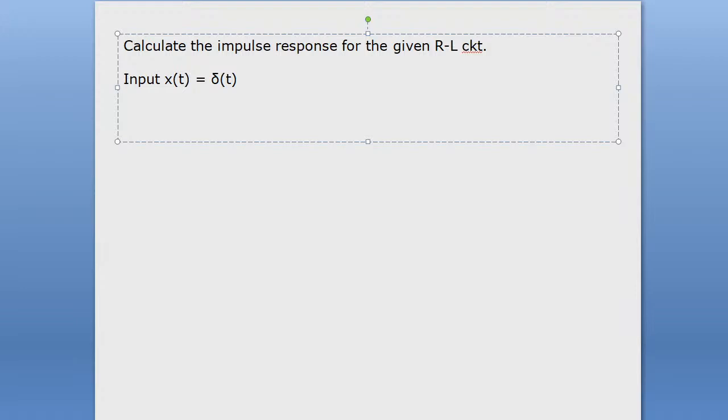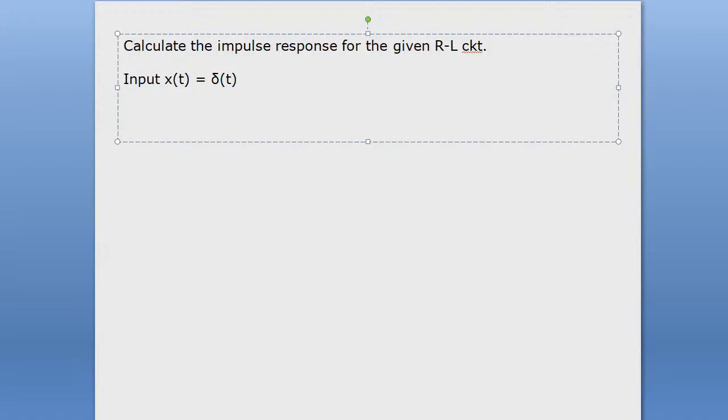That means the input is an impulse function or delta function, and you have a good concept about step function, impulse function, ramp function. These functions are nothing but singularity functions. We have discussed this in detail. So you just use your concept here and solve the problem.